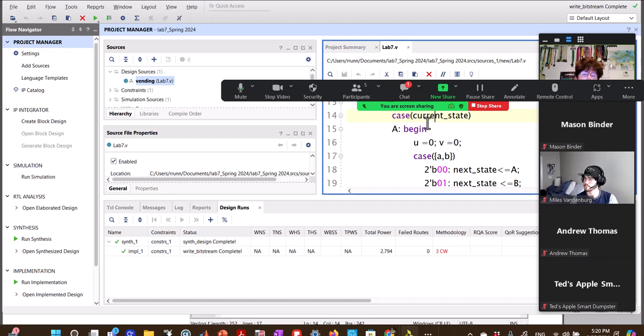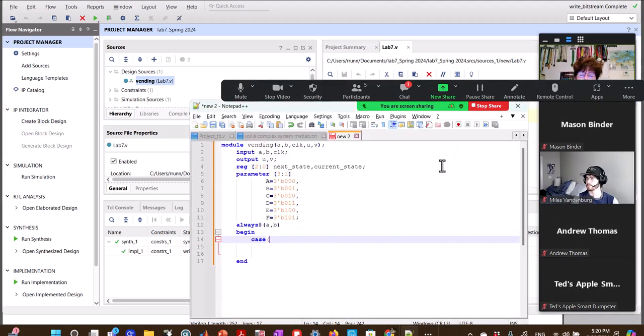The reason I want to do it by current state is it's a Moore machine, and the output depends on just what state it's in. So this is a good place to put the output. We can go ahead and do that here. So I will do it by current state. So do case current state.